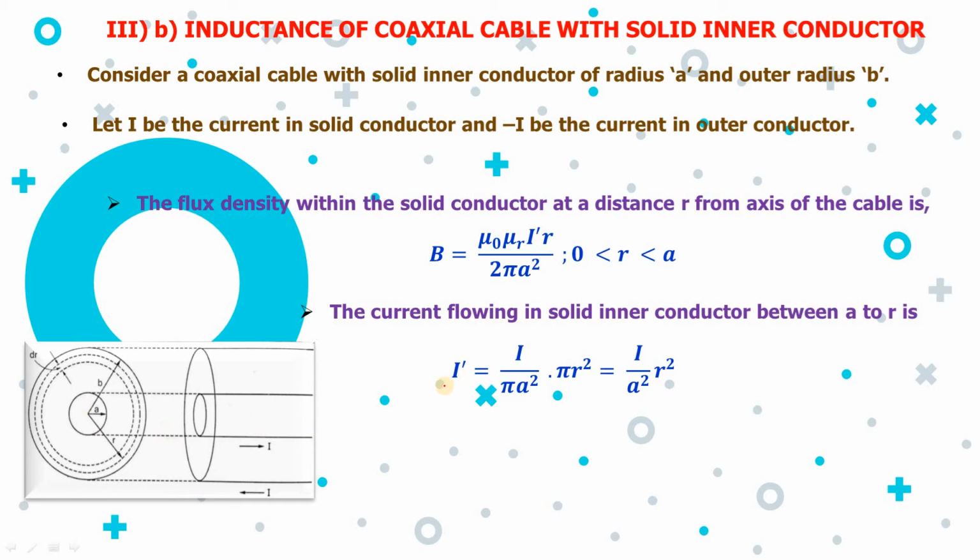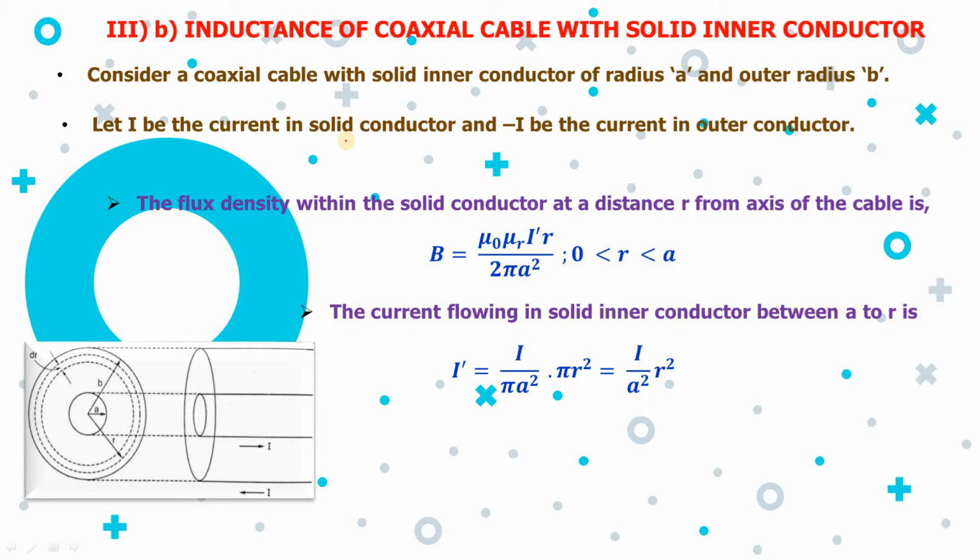I dash is the current flowing in the inner conductor between A to R. There are generally two currents, and I repeat once again because there may be some confusion about the current part. Let plus I be the current in the solid inner conductor, whereas minus I is the current in the outer conductor.